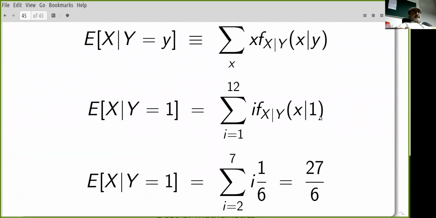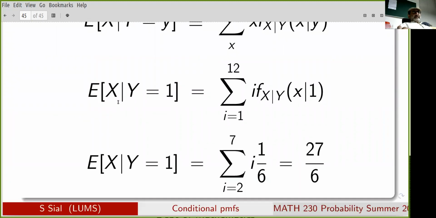Okay, so for example, if you want the conditional expectation for y equal to 1, that's a summation over all x, so let x equal i, so i goes from 1 to 12. x was the sum, right, so one die gives you up to 6, and two dice together, their sum gives you from 2 to 12. Okay, so i should go from 2 to 12. Well, okay, so just let it go from 1 to 12.